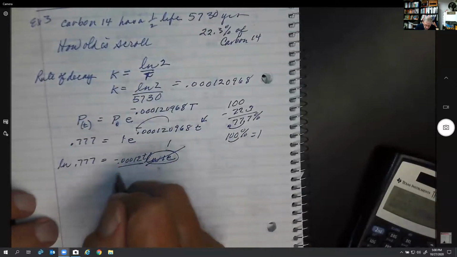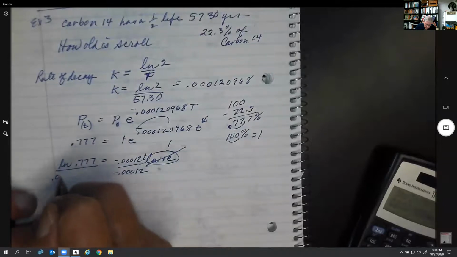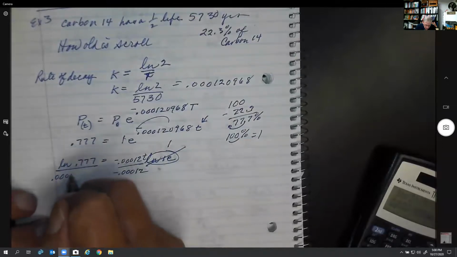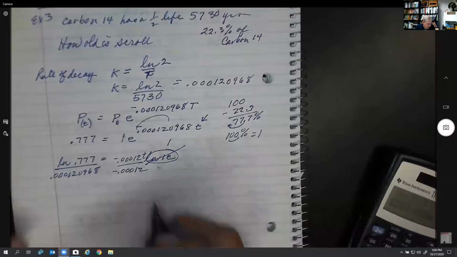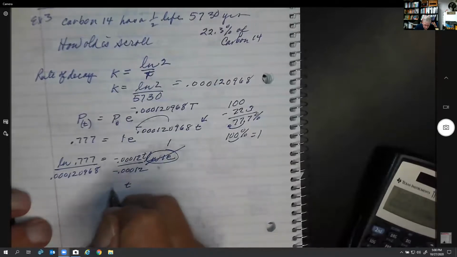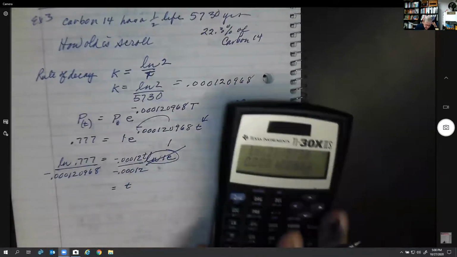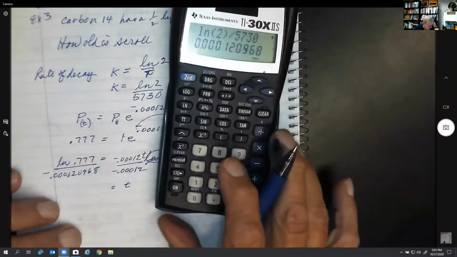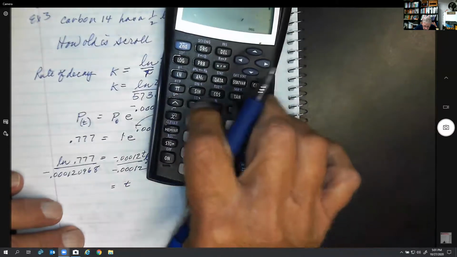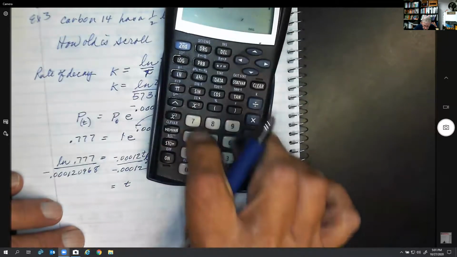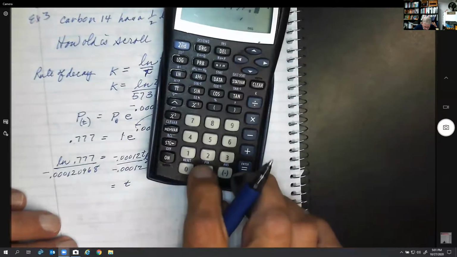Then we're going to divide both sides by that constant. I'll put it down here, the whole thing, 0.000120968. And this should tell us how much is left. It'll be a negative answer, which means it's decaying. So let's find out how old this Dead Sea Scroll is. ln 0.777 divided by 0.000120968.